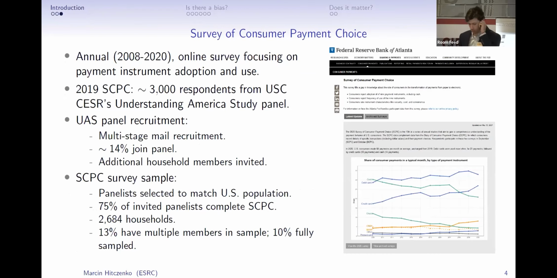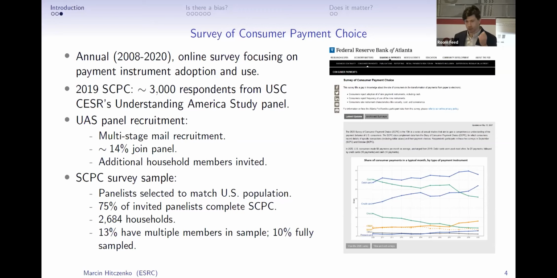As I mentioned, we're working with the Survey of Consumer Payment Choice, which I'll refer to as the SCPC, an annual survey in the Federal Reserve System that focuses on payment adoption and use of U.S. consumers. The 2019 SCPC had about 3,000 respondents, and they came from the UAS panel, which I think everyone's familiar with, which does use address-based sampling and multi-stage mail recruitment.